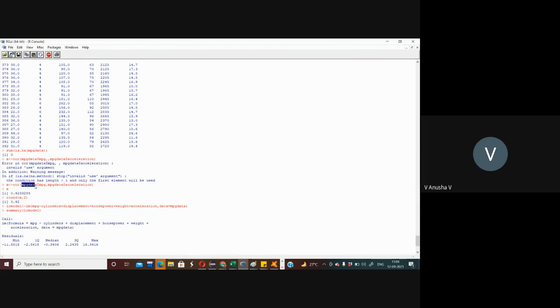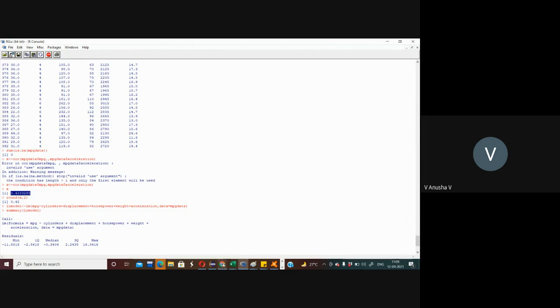So mpg data is the data frame, and which variables you have to refer to: mpg data dollar mpg and mpg data dollar acceleration. Once you have calculated the correlation coefficient, you're storing it in x, and whenever I call x, I'm getting this value. So this is my Pearson correlation coefficient.